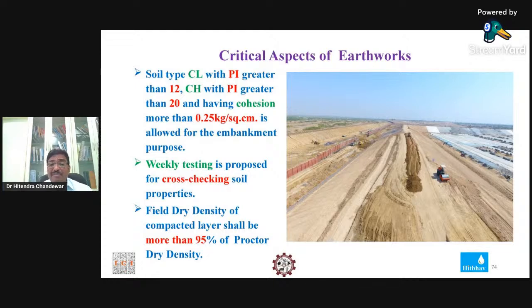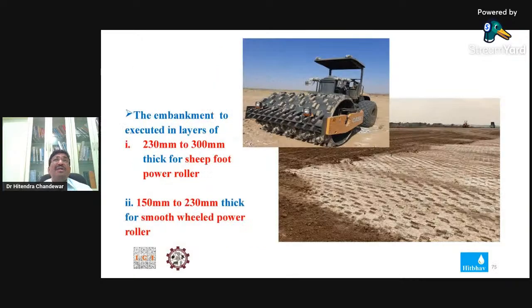The compaction was done by two types of roller: one was the sheepsfoot roller, and the other the static roller. The contractor has brought this type of sheepsfoot roller. With the sheepsfoot roller, a lot of good quality kneading action takes place, and it helps to get good density during execution.